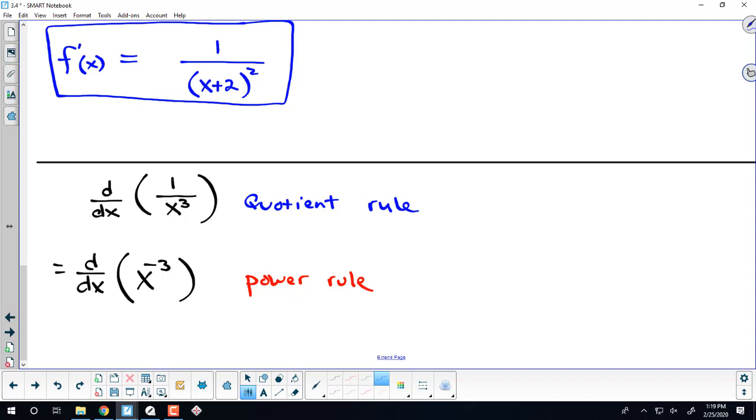Almost every time it's going to be easier to do those things with the power rule. If we do the quotient rule, we will see that it is the same, but we have to take the bottom function times the derivative of the top, minus the top times the derivative of the bottom, and then divide all of that by the bottom squared.